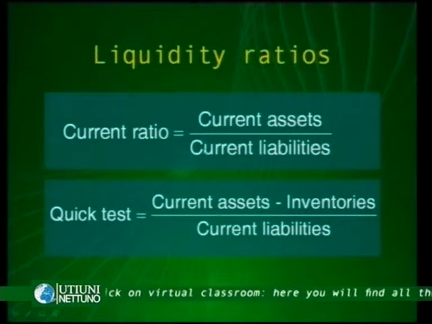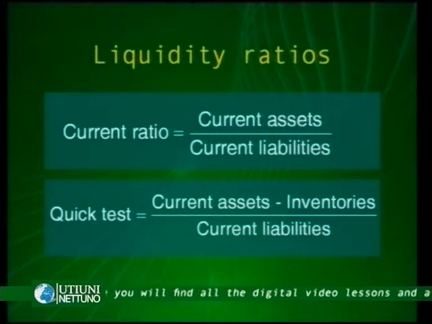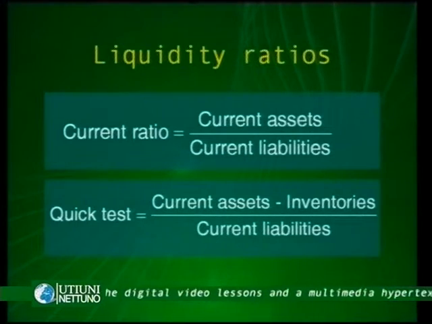Remember that in current liabilities we have short-term borrowing and payables. So this ratio should typically be higher than 1, but significantly higher than 1, because if this value is too close to 1, then we have a liquidity risk.